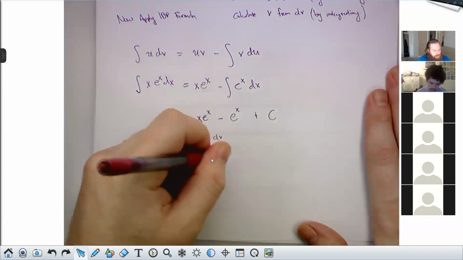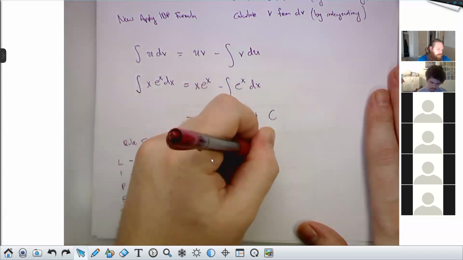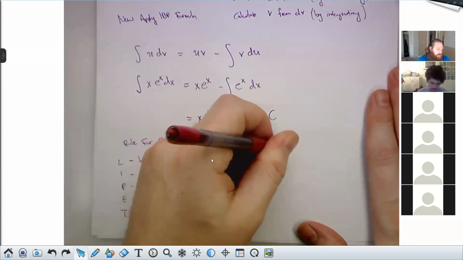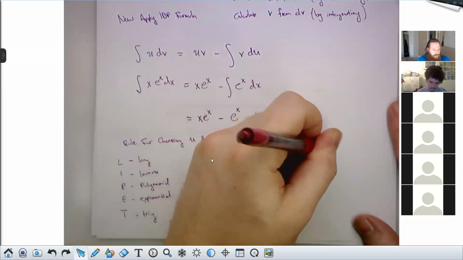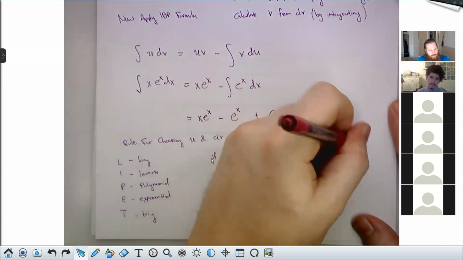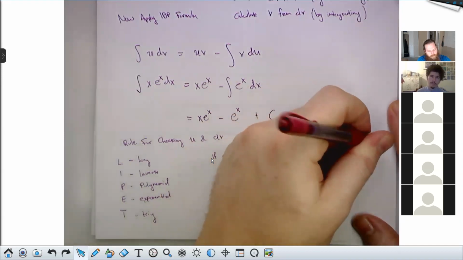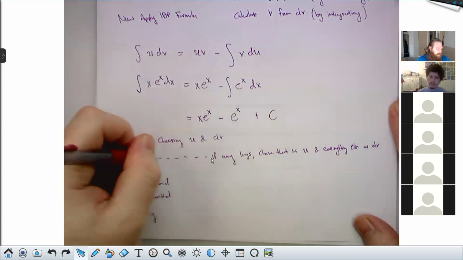So if any logs, choose that as u and everything else as dv. That's what this first row is saying.